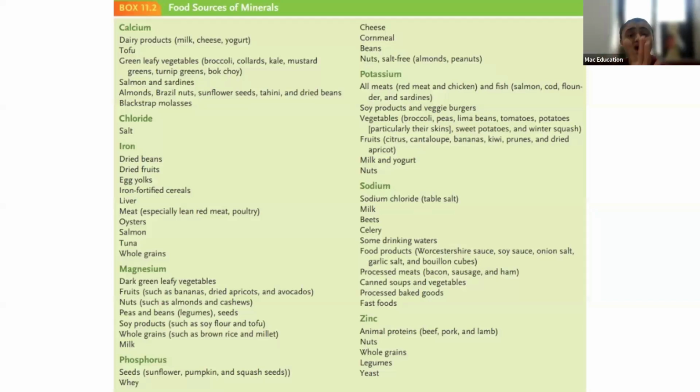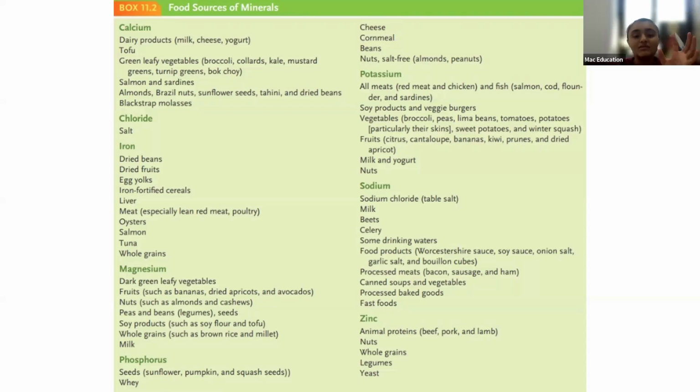All canned products are rich in sodium. Just remember this point. Processed and baked foods, fast foods, all canned products, all preserved products, and all processed foods are rich in sodium. We have to avoid these foods in cardiac patient, in renal patient, and in hypertensive patient.